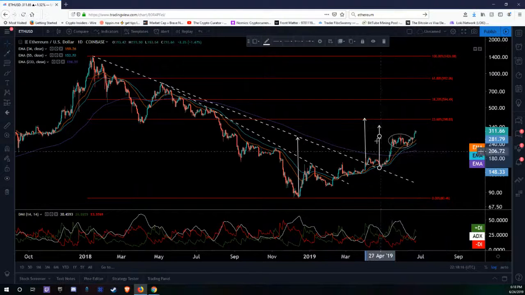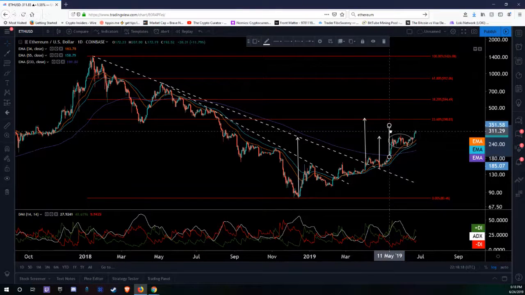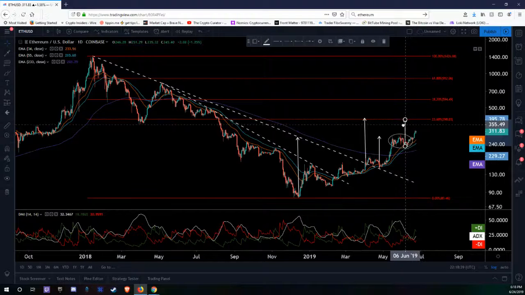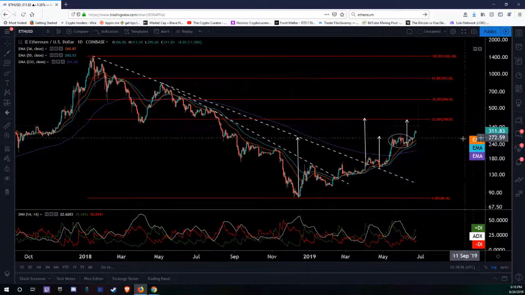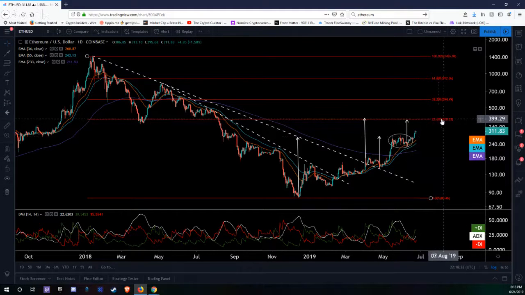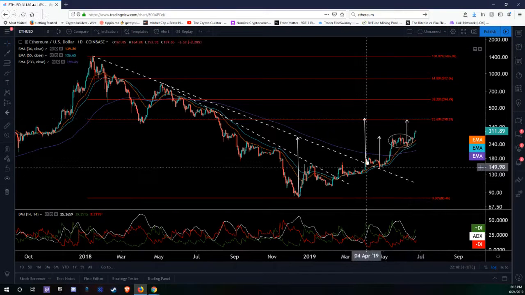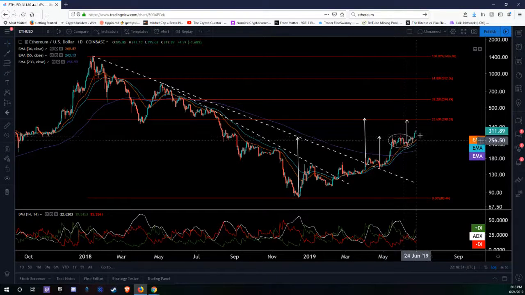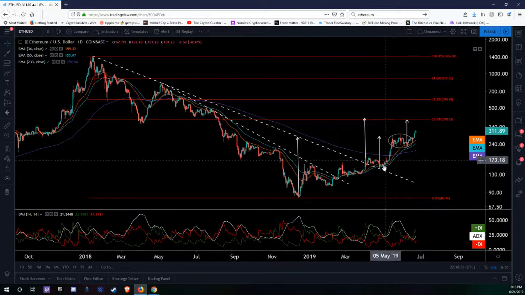So if you clone this up and move it over to the low here before the breakout, which is right about this point, it matches up with the 23.6% level at around 398 bucks also.